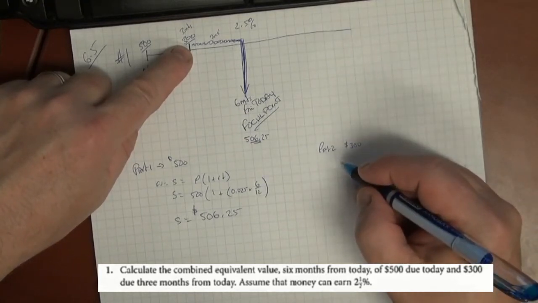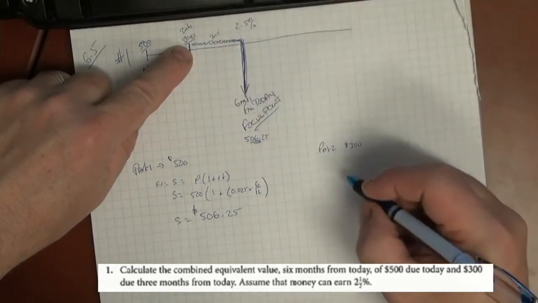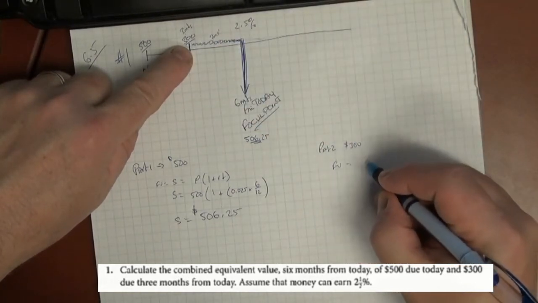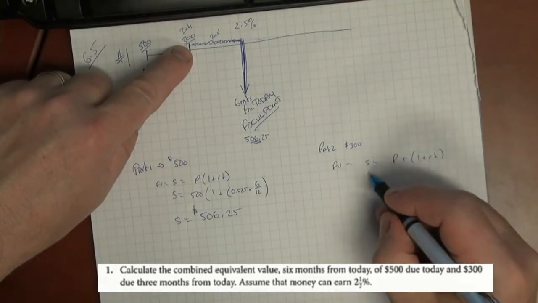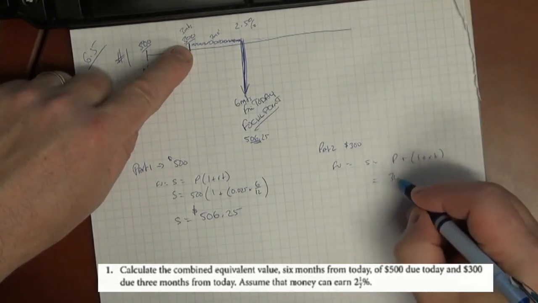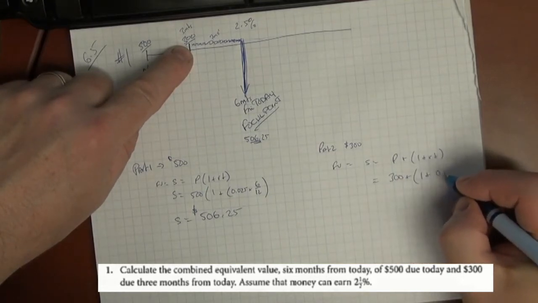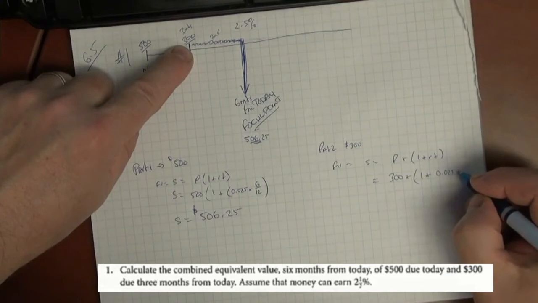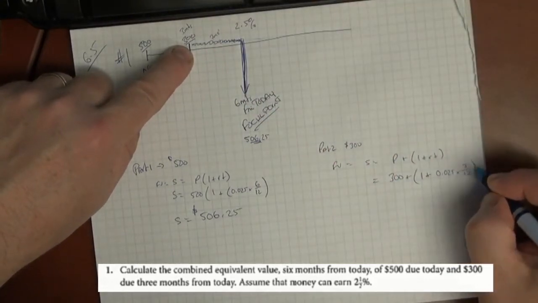We need again to calculate, and we're going this way, so in this case we're looking for the future value. P times 1 plus RT: $300 times 1 plus R, 0.025 times, in this case it's 3 months that it's in there for, 3 over 12.